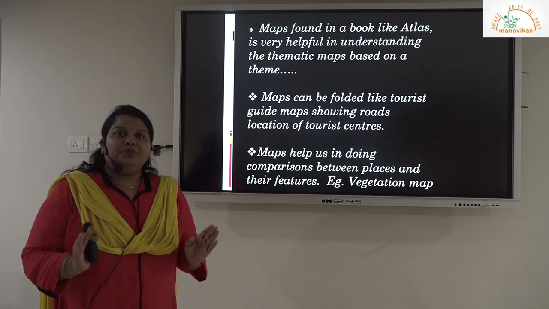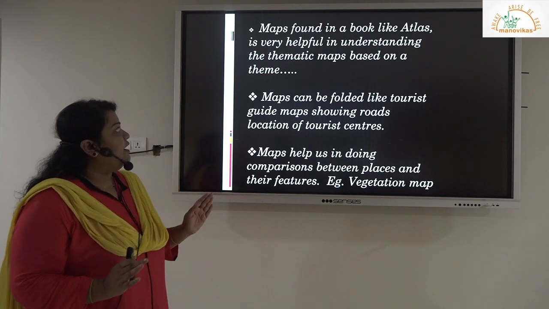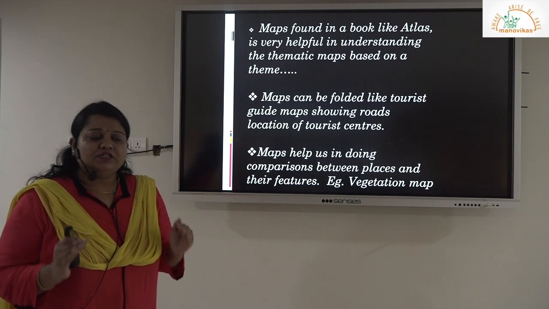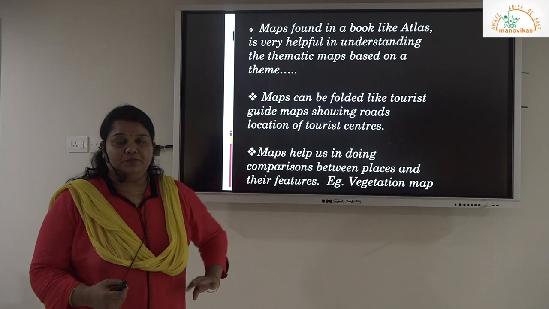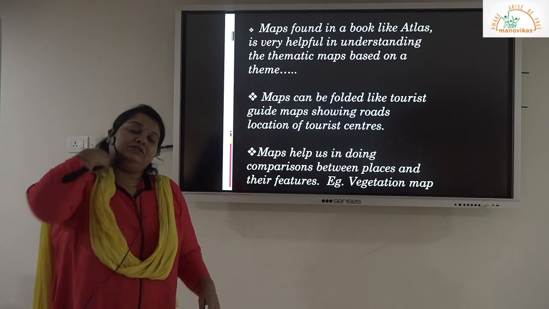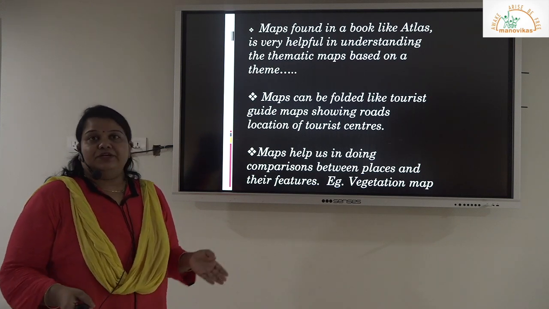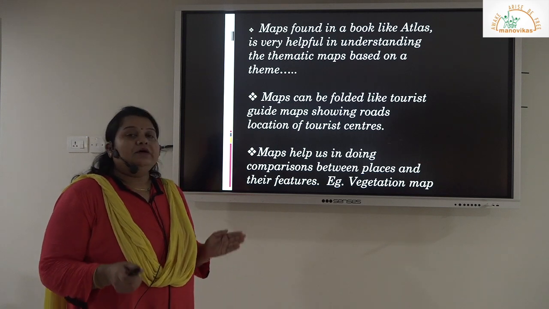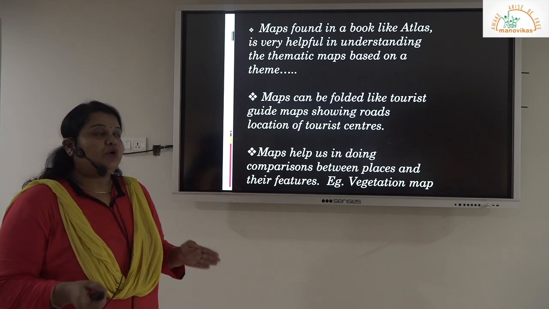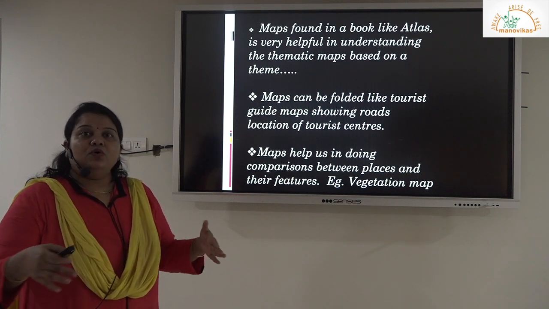Now, maps which are compiled in a book is known as atlas. Now this atlas is very helpful for us to understand a set of maps which are based on a particular theme, which we understood in the previous class. That is your thematic maps, maps based on a particular theme. For example, population map of Goa, or river map of India, soil map of world, map showing disasters on the whole world map.